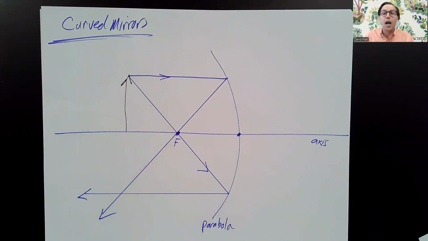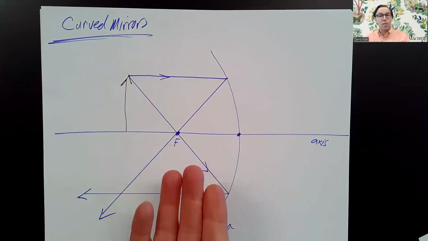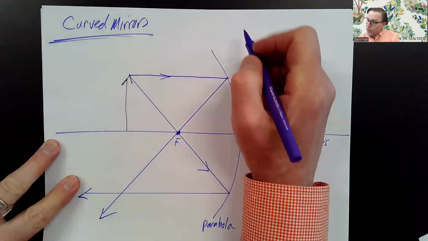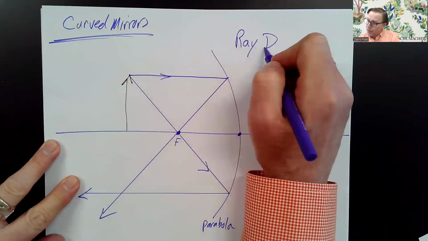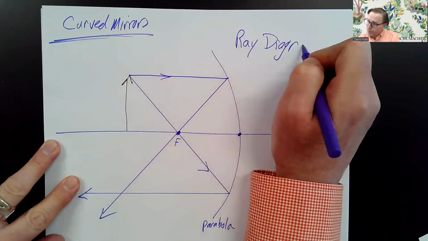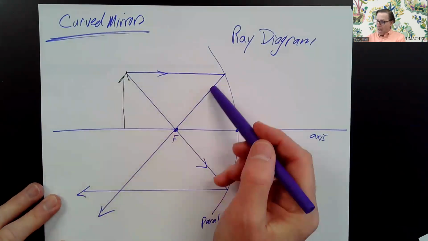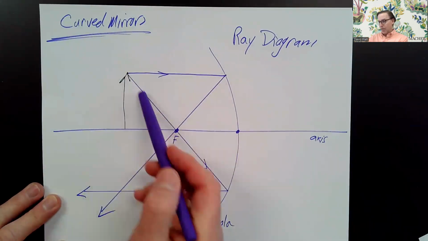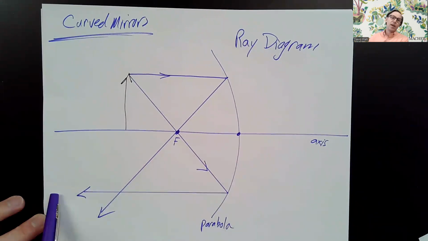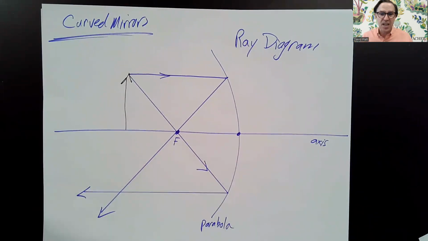Please say that 100 times. And you will always remember how to draw this ray diagram. How do we do it? In parallel, out through the focus, in through the focus, out parallel. Say it 1,000 times, you'll never forget.